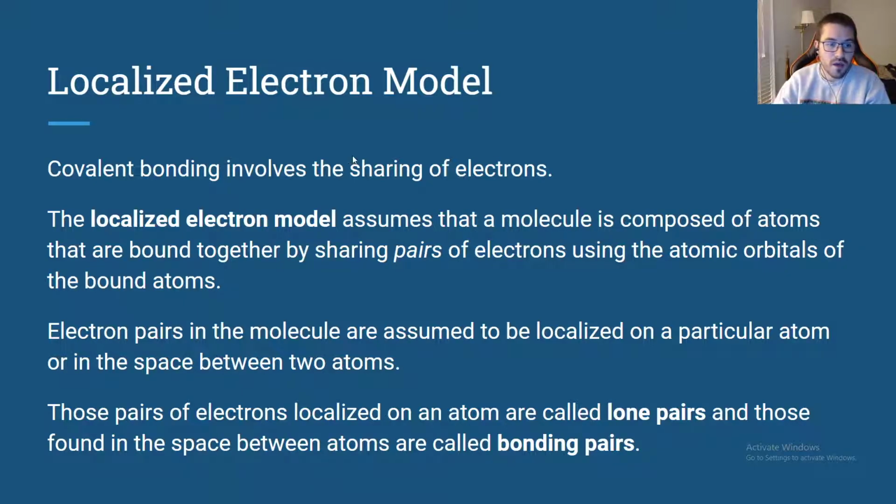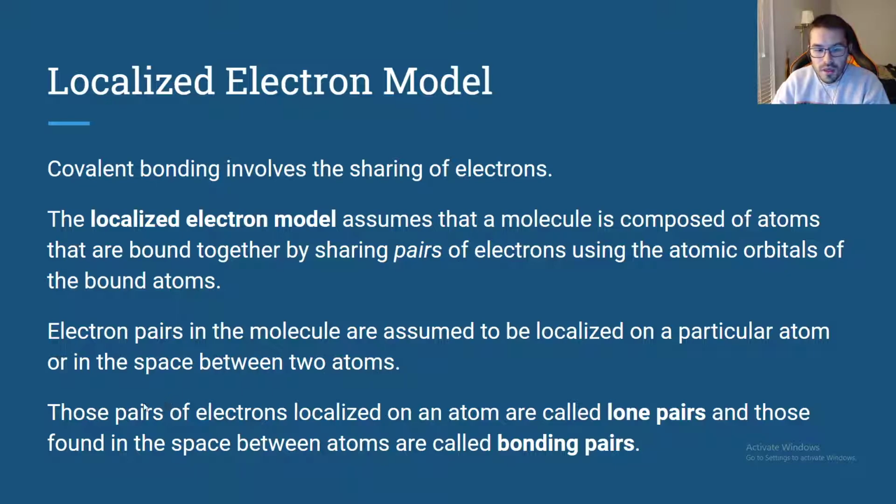And so we're going to be spending the remainder of this unit talking about covalent bonding, starting today with these Lewis structures. The localized electron model assumes that molecules are composed of atoms that are bound together by sharing pairs, okay, that's important, sharing pairs of electrons using the atomic orbitals of the bound atoms. Electron pairs in the molecule are assumed to be localized on a particular atom or in the space between two atoms.